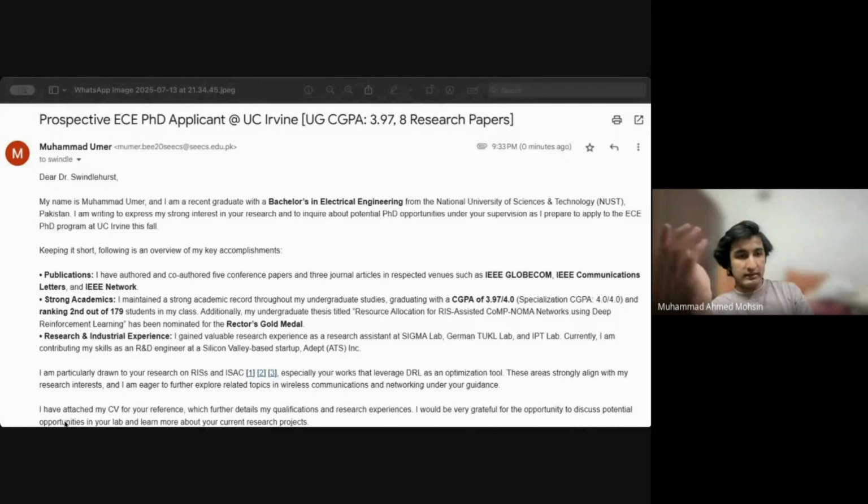You have to write that in the last paragraph just to catch the professor's attention and let him know that you have read about his work and you are not just spam emailing everyone with the same email. So it should be very tailored to that specific person. So this was one of the formats that one of my friends used to reach out to professors.